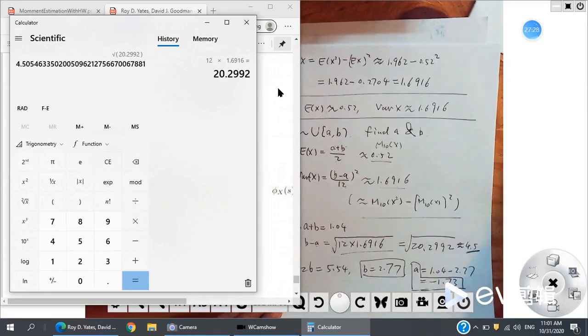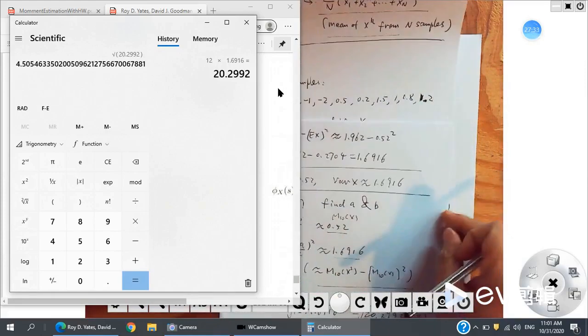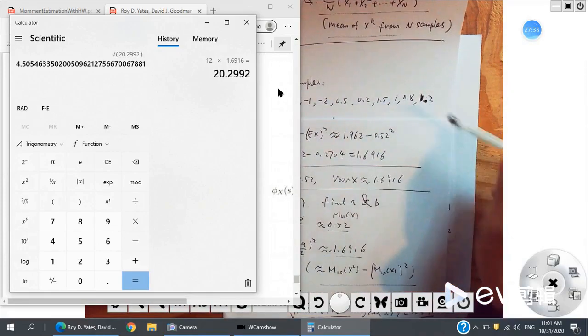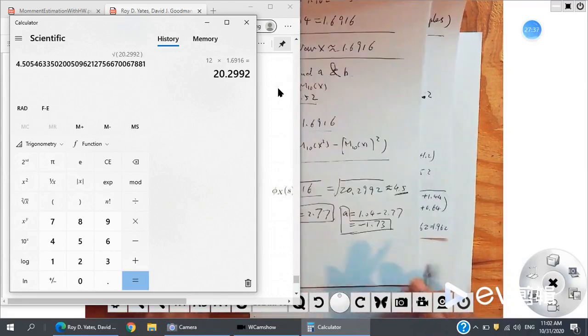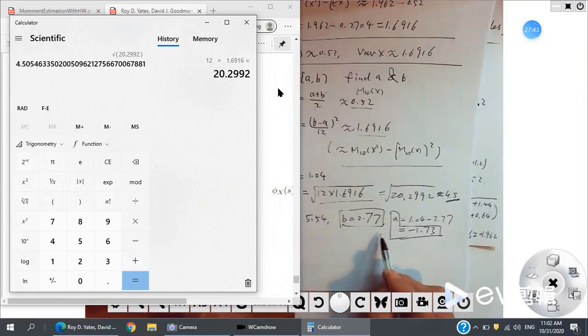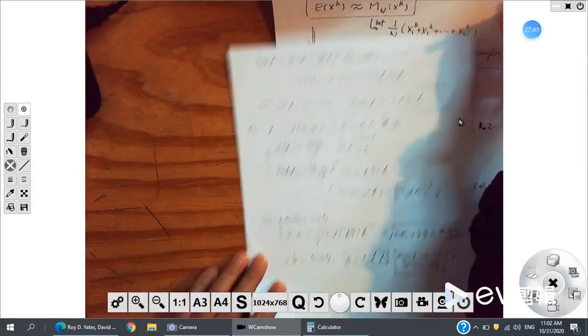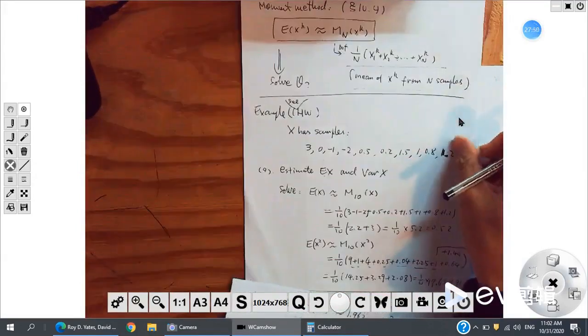The problem is here. X has symbols like this. And here we say it is a distribution from negative 1.73 to 2.77. So the possible result, the problem is here, right?